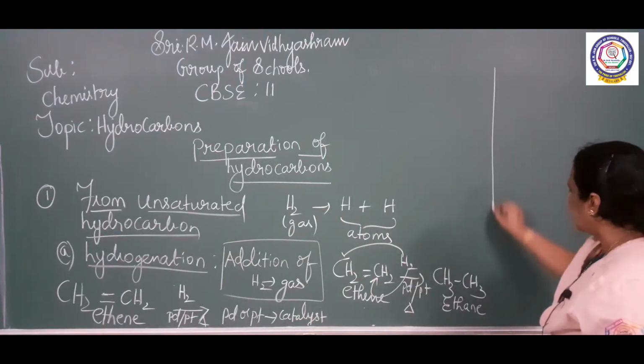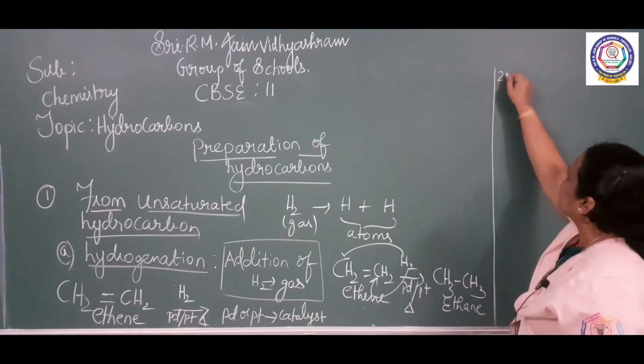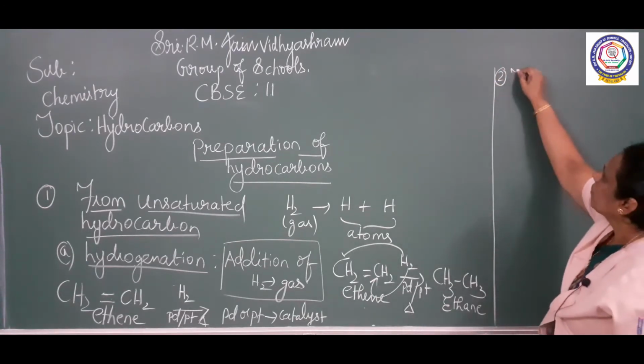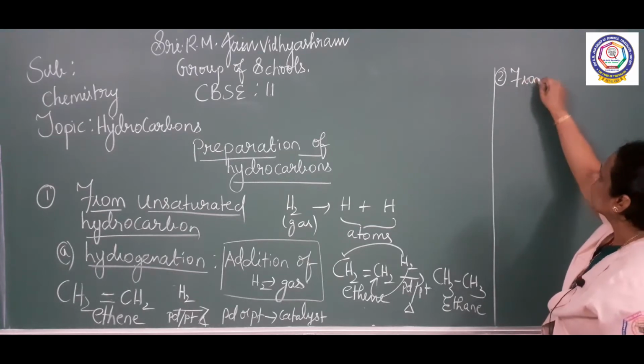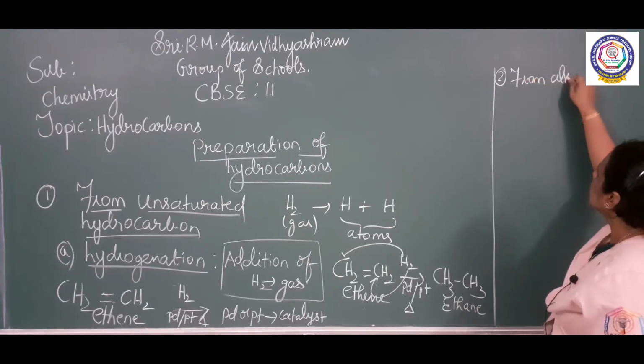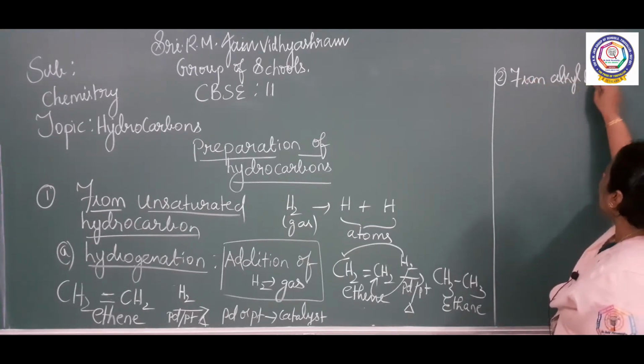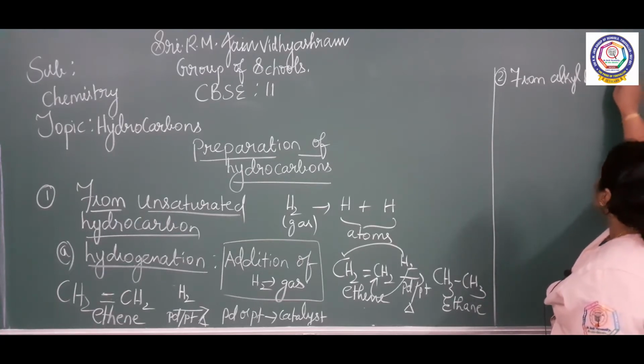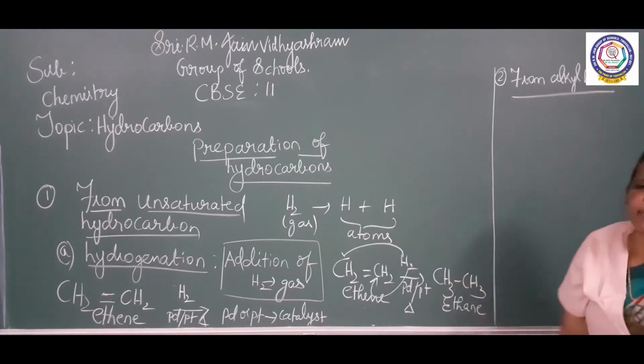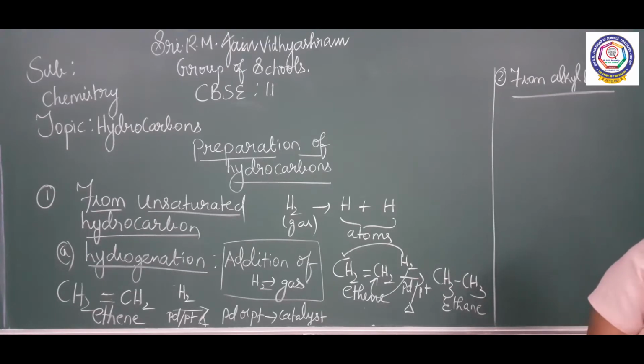The second method we are going to talk about is from alkyl halides. This is another method for preparing hydrocarbon. Here we are going to use zinc and dilute HCl.